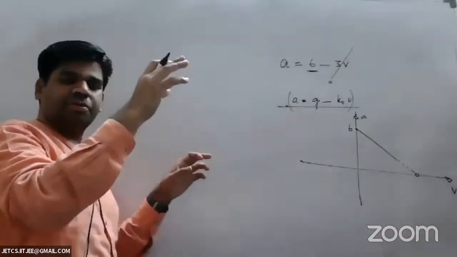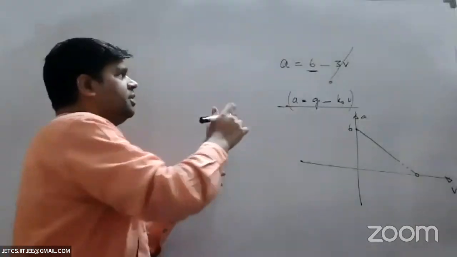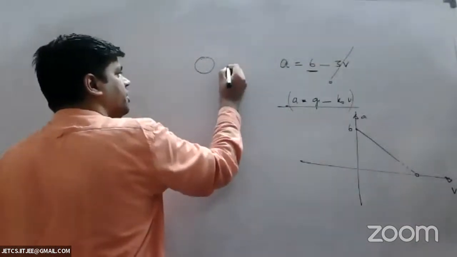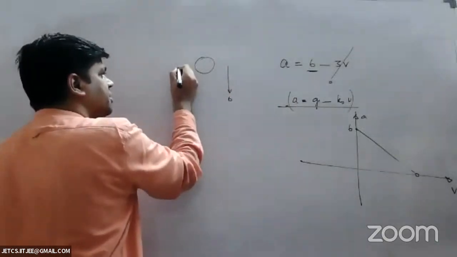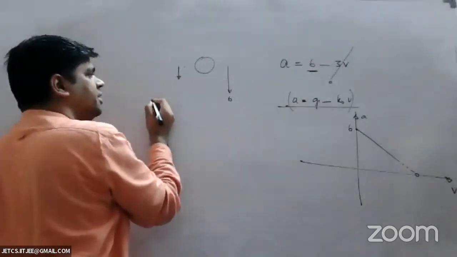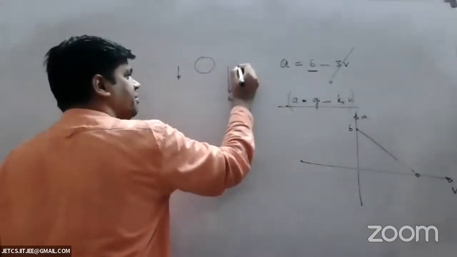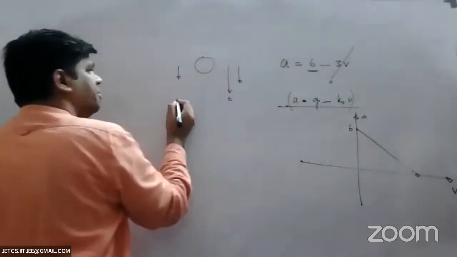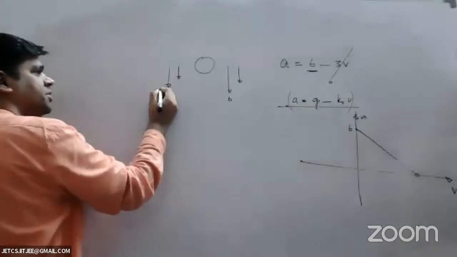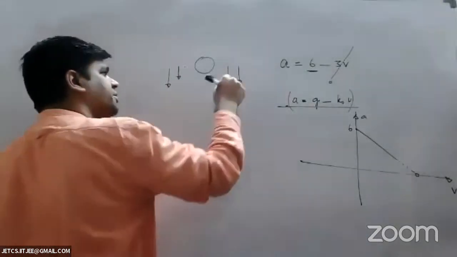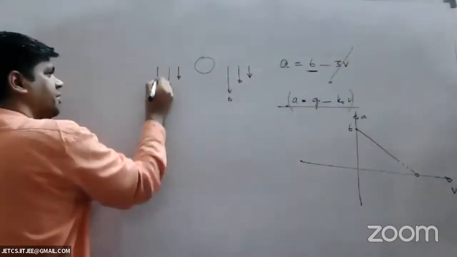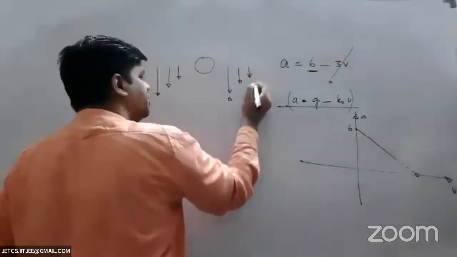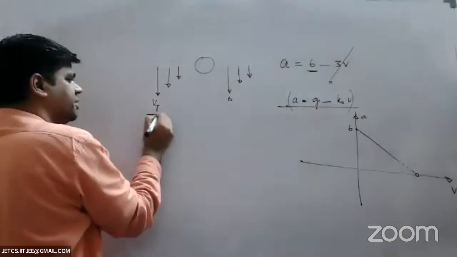That is what happens in the raindrop problem, right? Velocity goes on increasing. For the drop, initial acceleration is 6, and initial velocity is 0. There will be a change in velocity, because of which there will be a reduction in acceleration, but there is still an acceleration, so there will be an increase in velocity. Because there is an increase in velocity, acceleration will reduce, further increase in velocity, and acceleration becomes 0. This velocity is terminal velocity.